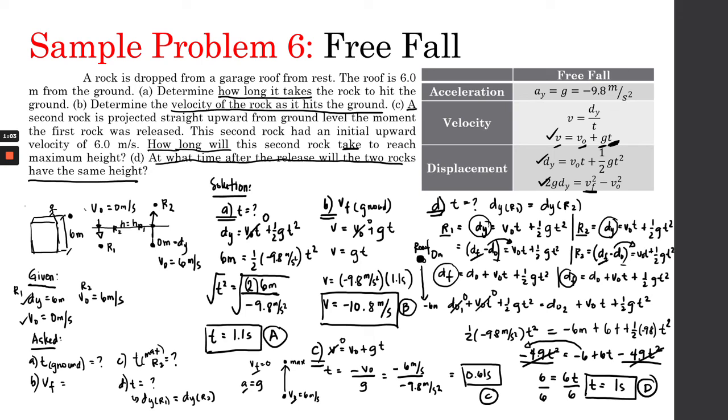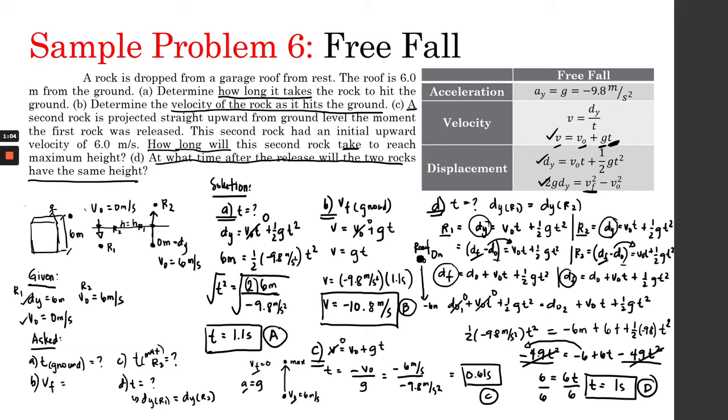So at what time after the release will these two rocks have the same height? Rock 1 falls for 1.1 seconds, and for C, it took about 0.1 seconds to reach its maximum height, I believe.